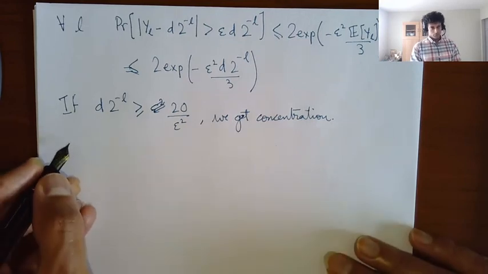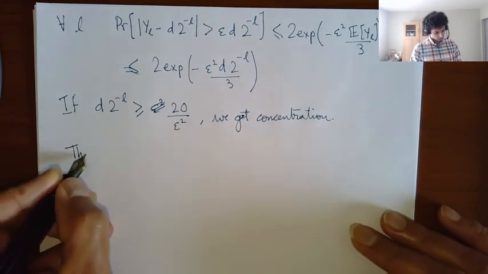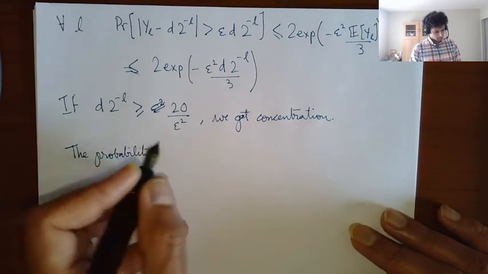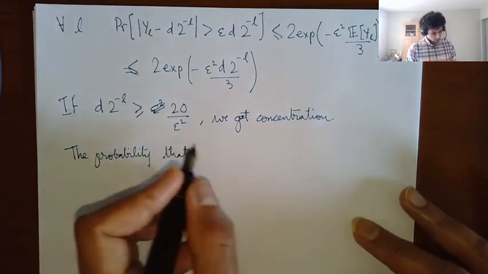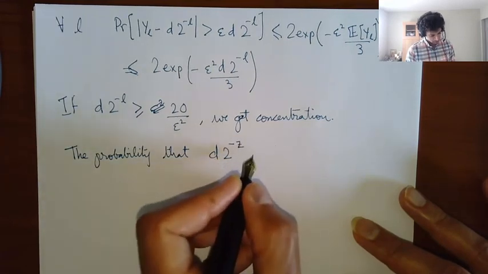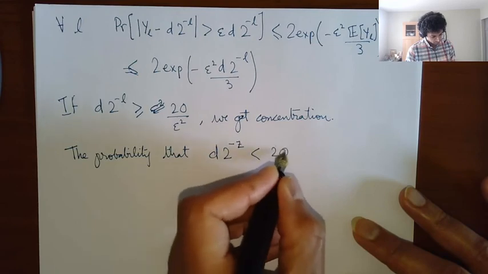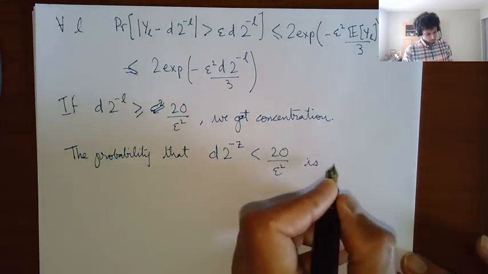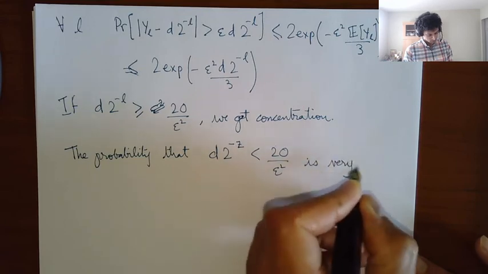Then what we'll say is the probability that d times 2 to the minus z is less than 20 over epsilon squared is very small.